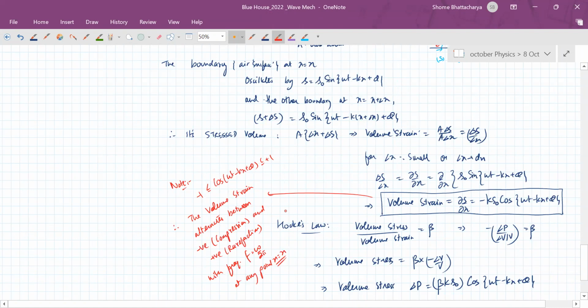So the propagation of a longitudinal sound wave through a fluid medium like this causes pressure variations, causes alternate compressions and rarefactions.